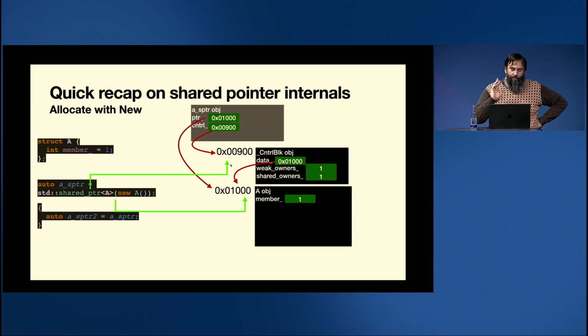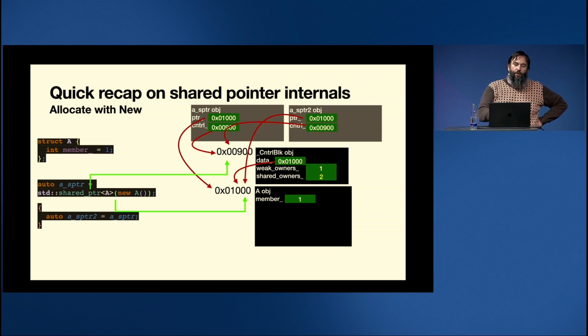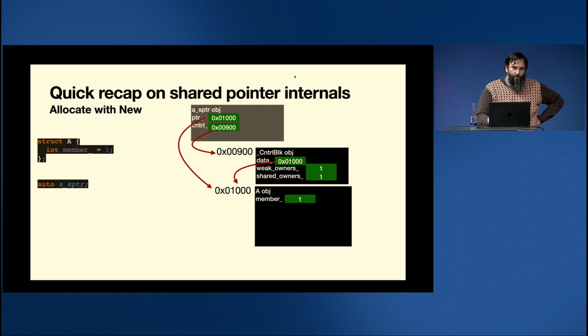The control block basically has two things, the weak count and the shared count. When more shared pointers are created, your shared count will increase. When a shared pointer goes away, the shared count decreases.